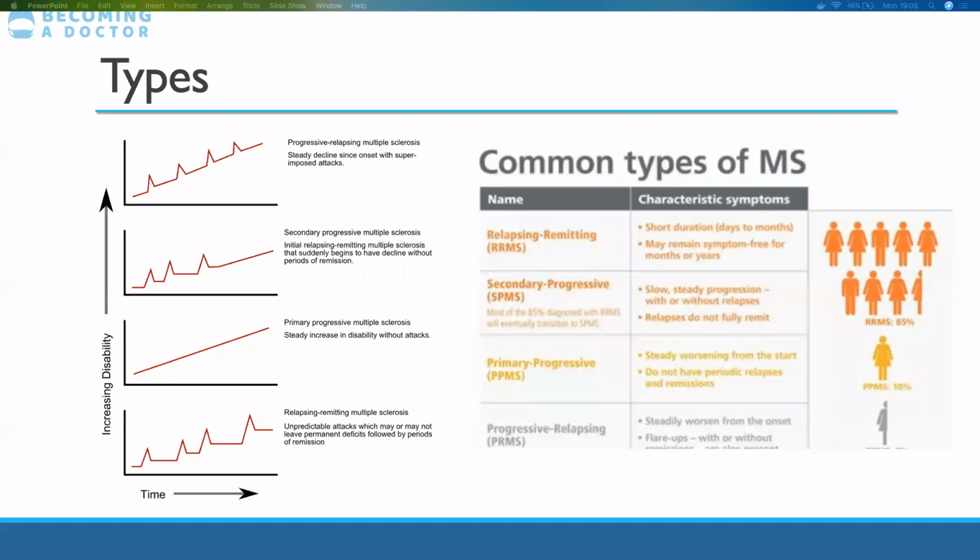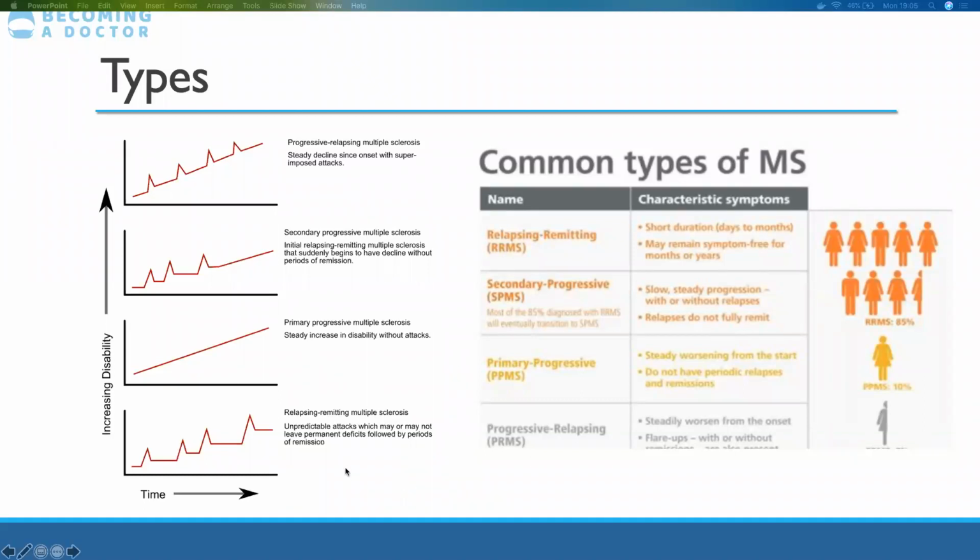Then we have primary progressive MS, and this means that people never get a remission period. After their initial MS symptom, they just carry on progressing. This type of MS is really difficult to treat, and we'll come on to that later on. It is seen in about 10 to 15% of cases.